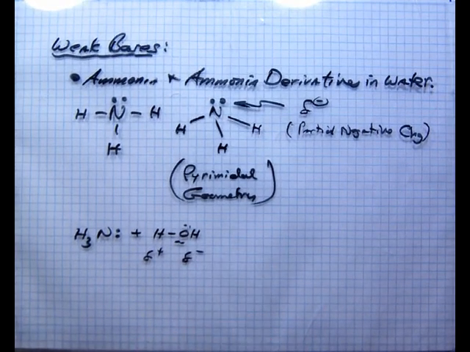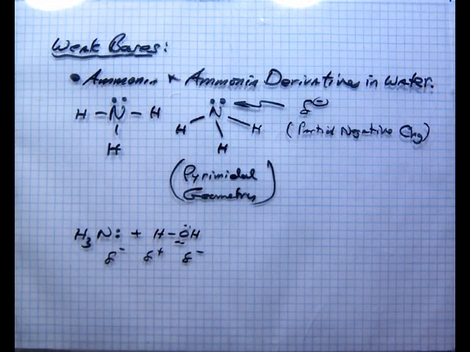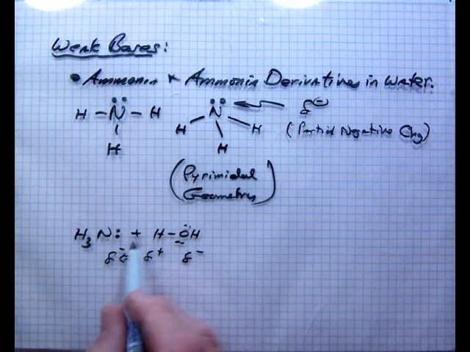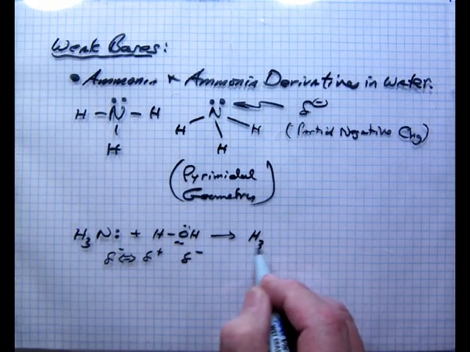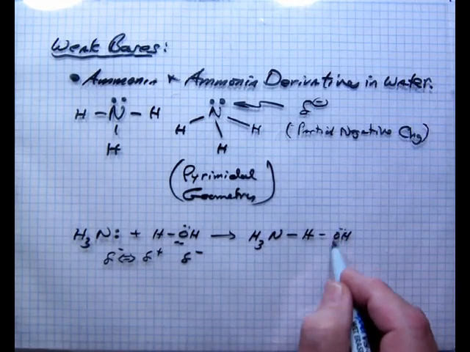Of course, the hydroxide is a negative end, and the electron pair is a negative on that side. These two would attract, and you would form an ammonium, NH3 bonded to that hydrogen, bonded to the OH.